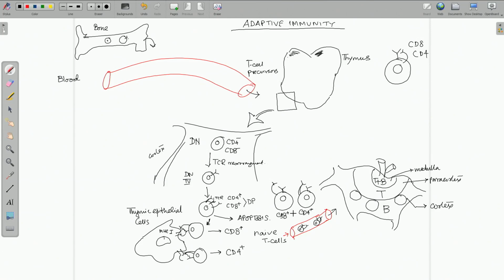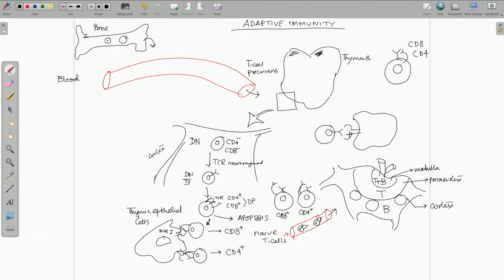So, what happens here is, inside the lymph node, a T cell interacts with an antigen presenting cell, which can be a macrophage or even a dendritic cell, which is expressing the MHC molecules. It can be an MHC class 1 or MHC class 2.